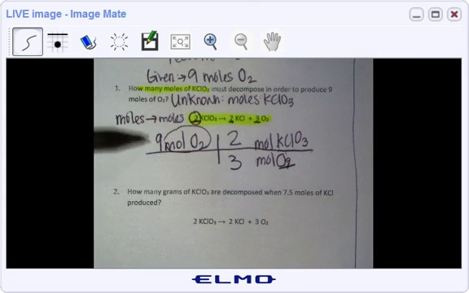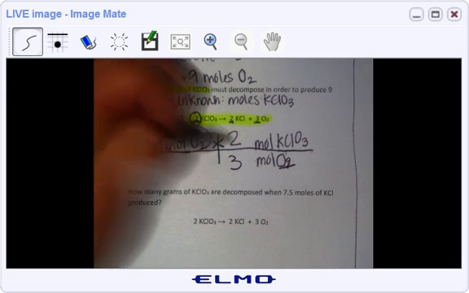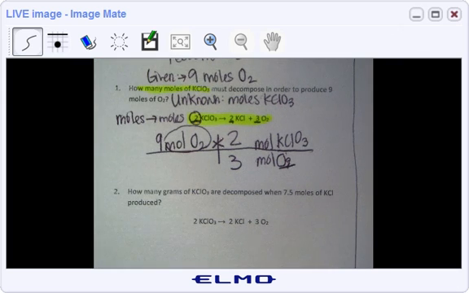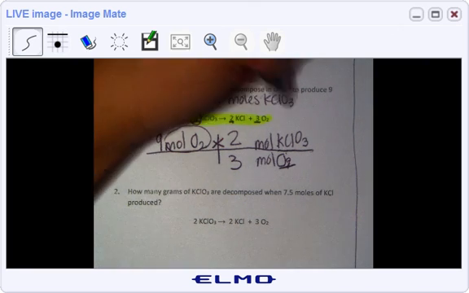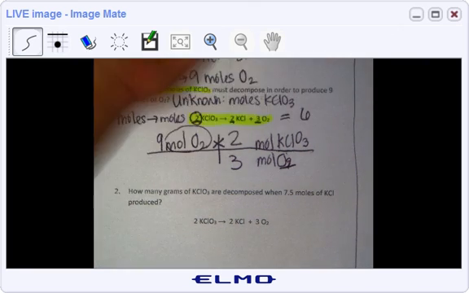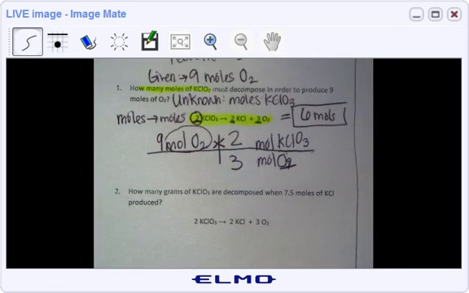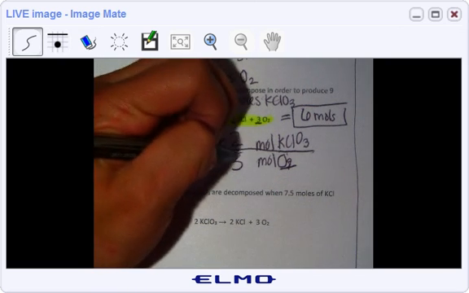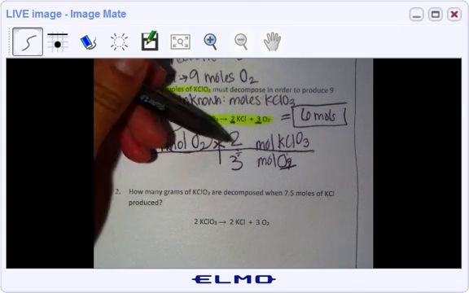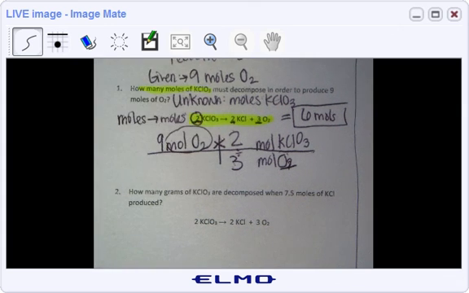Okay, so in order to solve this, we do 9 times 2 divided by 3. Anything side by side gets multiplied, and then top to bottom gets divided.